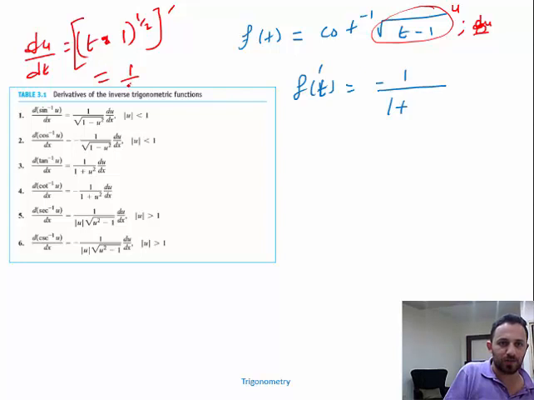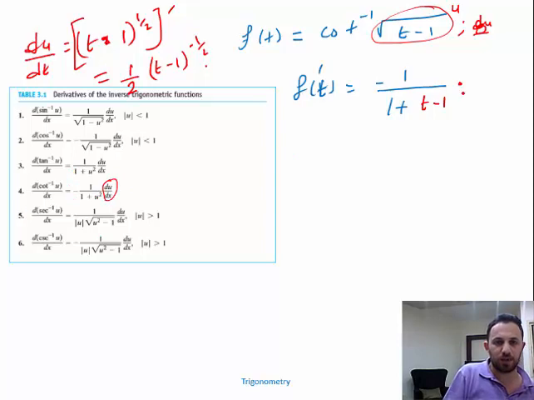This is equal to half t minus 1 to the power minus half, multiplied by the derivative of t minus 1, which is 1. So we have u square, which is t minus 1, multiplied by du by dt, because the cotangent is in terms of t instead of x.